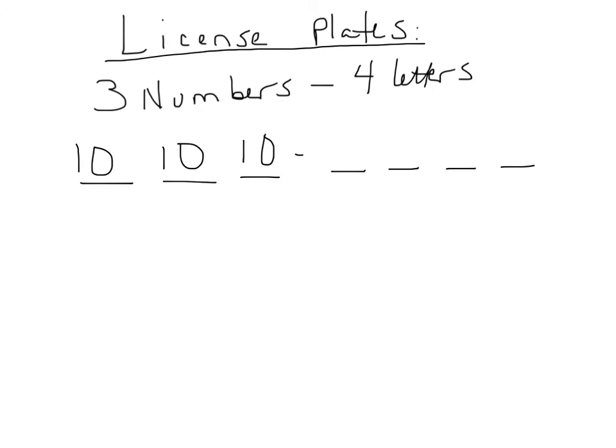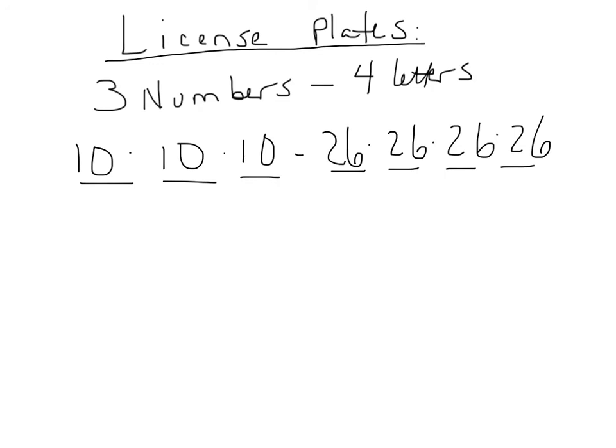There's 26 letters in the alphabet. So that means this is going to be followed by 26 times 26 times 26 times 26, as long as I can repeat those letters. Now, again, this isn't really the way it works because we don't typically have license plates that start out 000, but it could, okay?